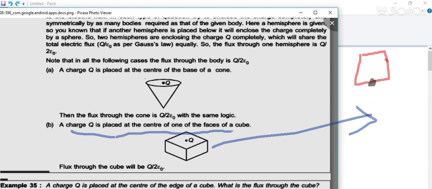so to complete it, we will draw another cube just below it. Now this charge is enclosed, like if I draw the similar type of cube upward, in this way, then this charge will get enclosed.